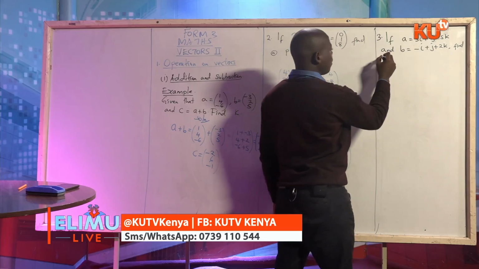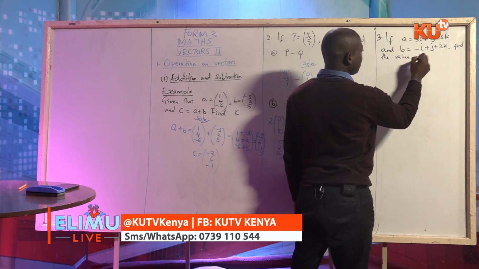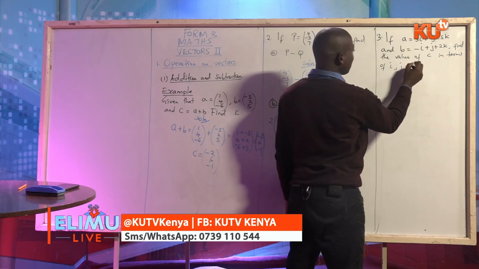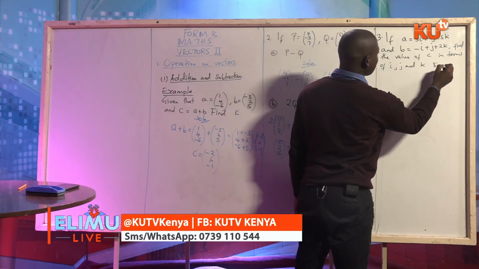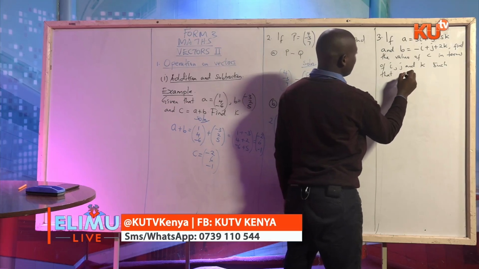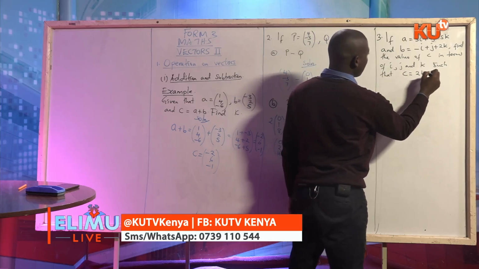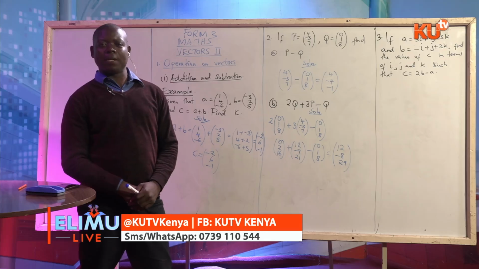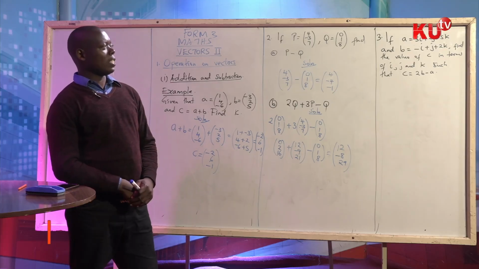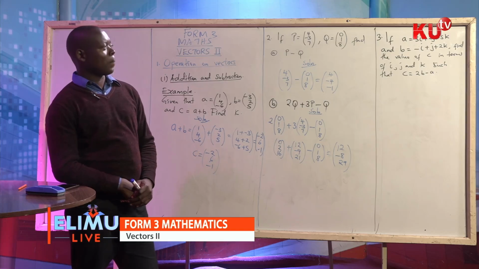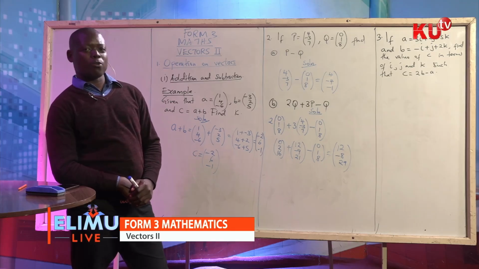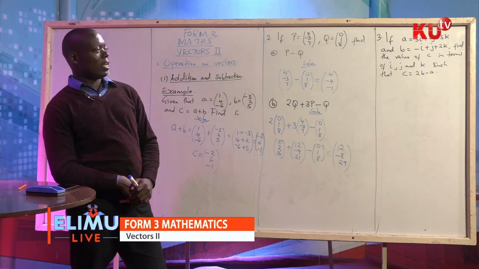Find the value of C in terms of i, j, and k such that C is 2B minus A. My students, the question is, if A is 3i plus 2j minus 5k and B is negative i plus j plus 2k, find the value of C in terms of i, j, and k.